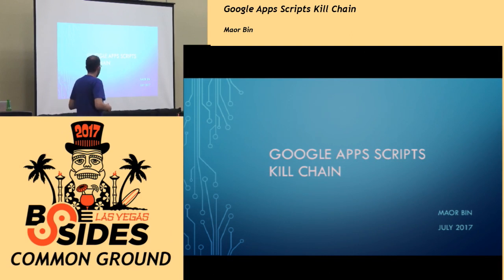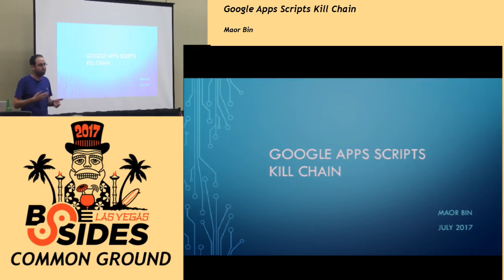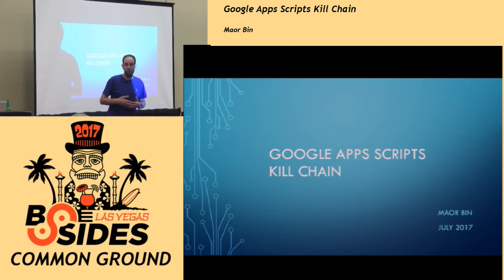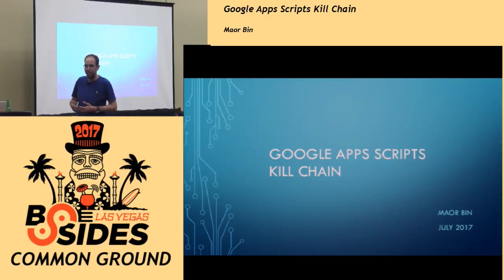So we're going to talk about Google Apps Scripts, and we're going to present it as a kill chain sort of thing. I don't have a slide on the kill chain itself because, well, this is BSides, right? Everybody knows what a kill chain is. We'll go over the steps, and we'll start with an introduction to Google Apps Script for those of you who are not familiar with it.